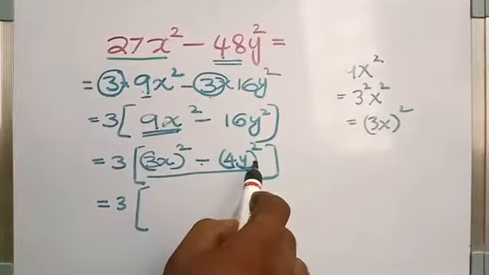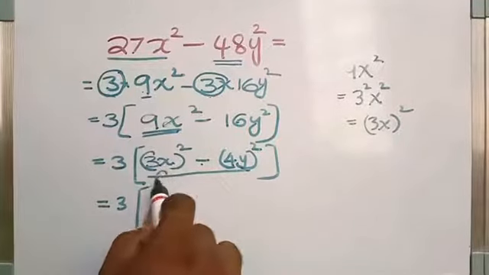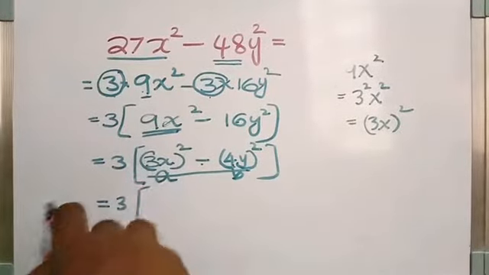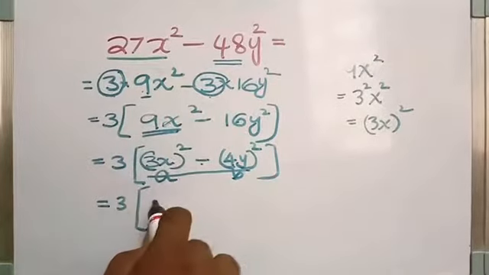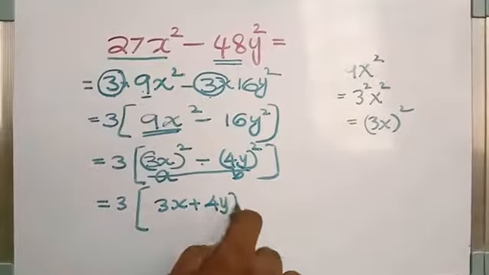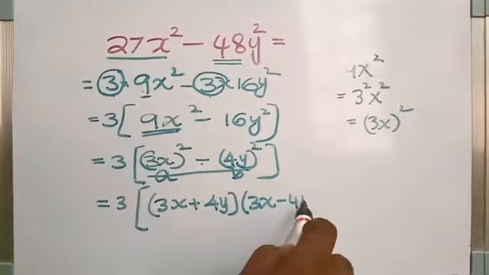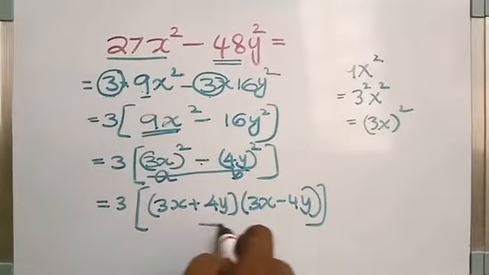So it can be written in the form of a plus b into a minus b, where a is 3x and b is 4y. So it is 3 of 3x plus 4y into 3x minus 4y as the result.